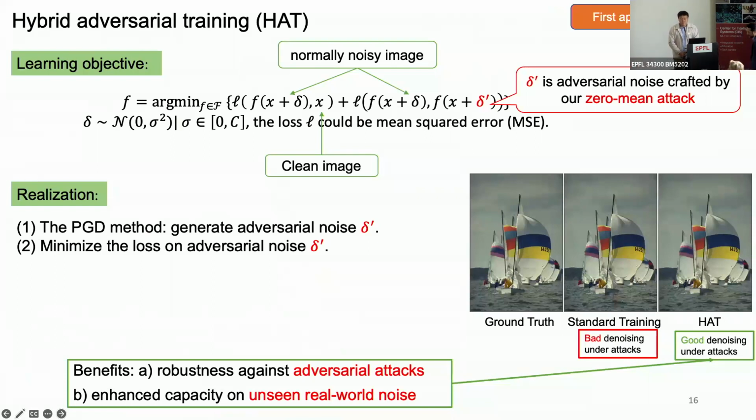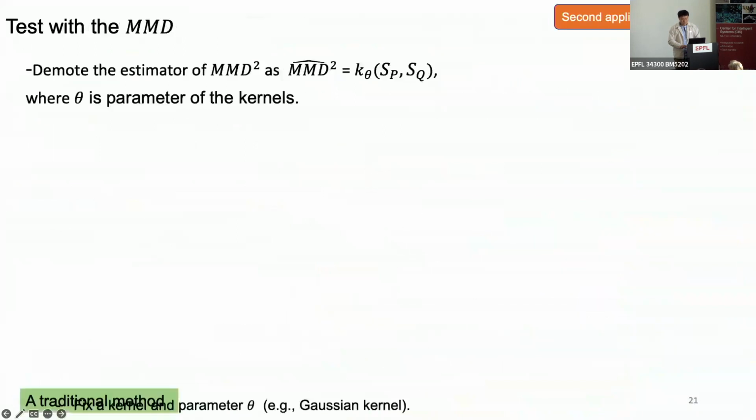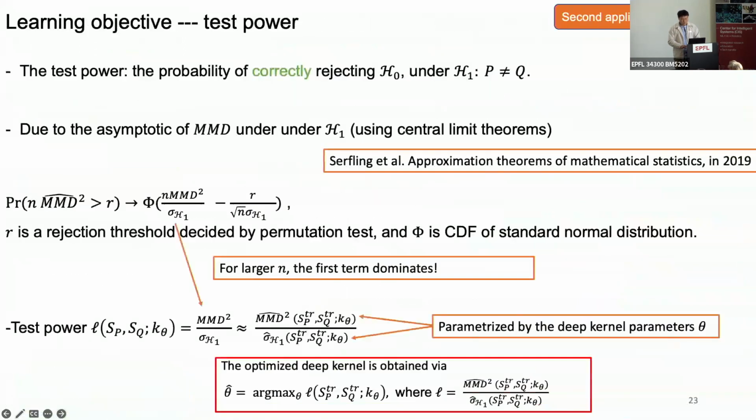Thanks for your talk. I have a question. Just now you mentioned you want to train a robust kernel because the previous kernels are not robust. So could you please explain how you introduce some robustness regularization or something to train the deep kernel? Yeah, for example, the standard way of training the deep kernel is maximizing this loss term.